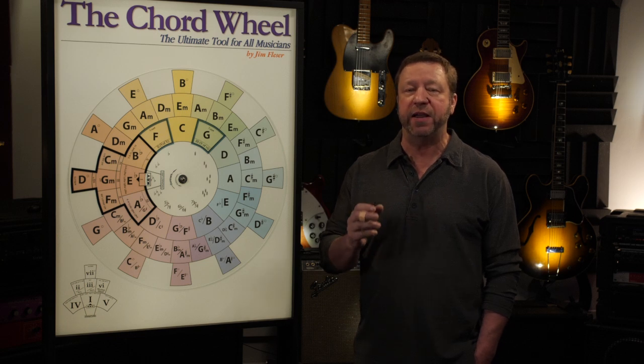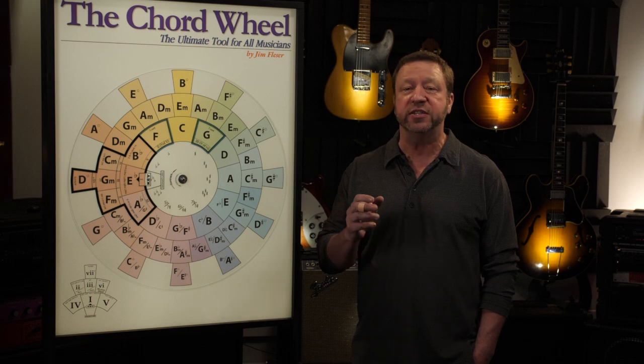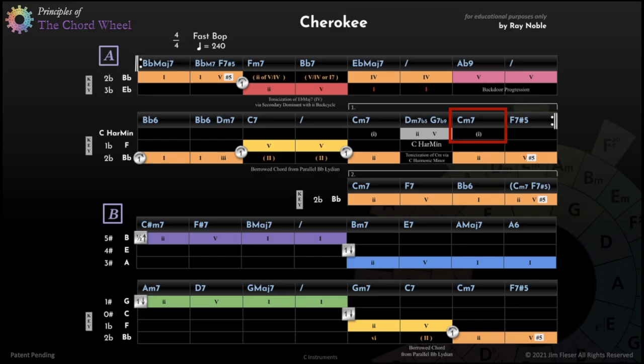However, if that minor chord that is being tonicized is a minor 7th, it actually does not belong to the scale of harmonic minor. So in this particular case, the D minor 7 flat 5 and the G7 flat 9 are both completely diatonic to the C harmonic minor. But when you get to the C minor 7, you are no longer working within that scale. And you're going to have to play something different to make it sound right.